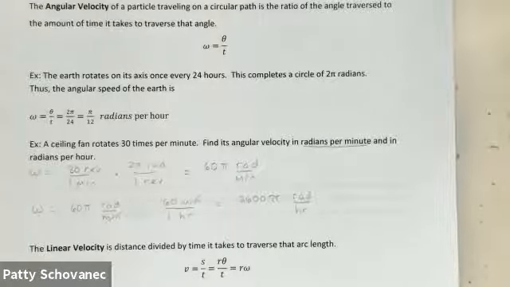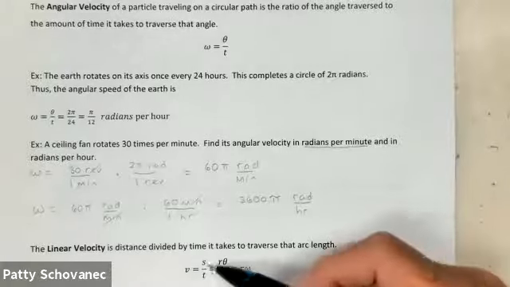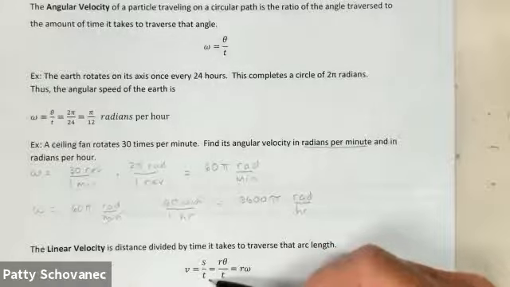Now, if we're interested in linear velocity, or what the rate of speed is of the point moving around the circle, then we take the distance traversed, which was the arc length, and divide it by time. But in the last section, we had that formula for s: s is r times theta.